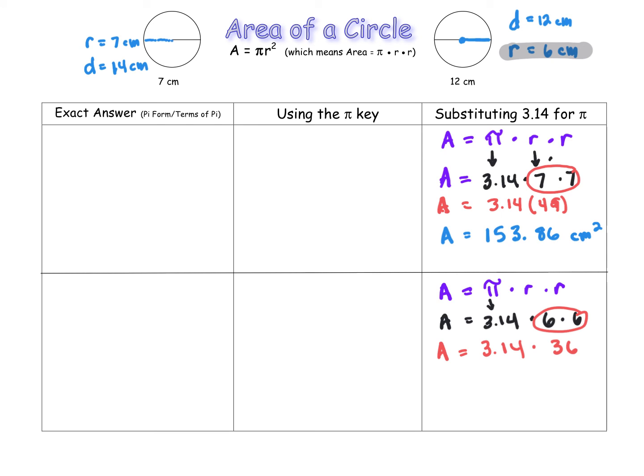And I'm expecting it to be bigger because I didn't use these 2 digits. So now, pause, use your calculator, and take 3.14 times 36. And hopefully you had 113 and 400ths. And remember, our estimation was 108.